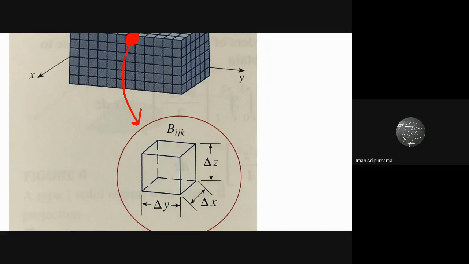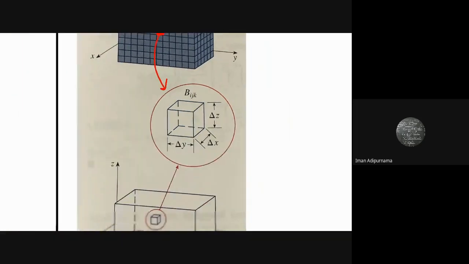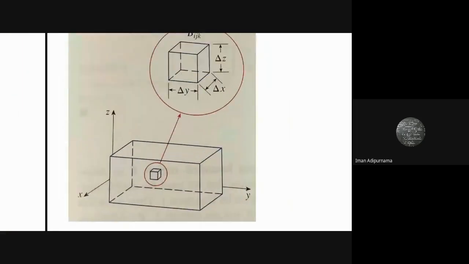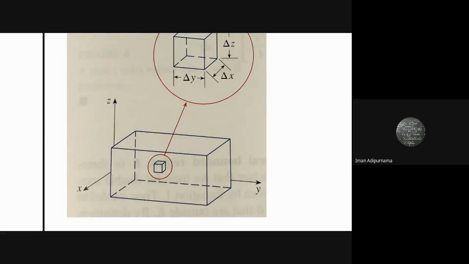So if we have a solid in our xyz space, then we can also approach these blocks with a Riemann sum.